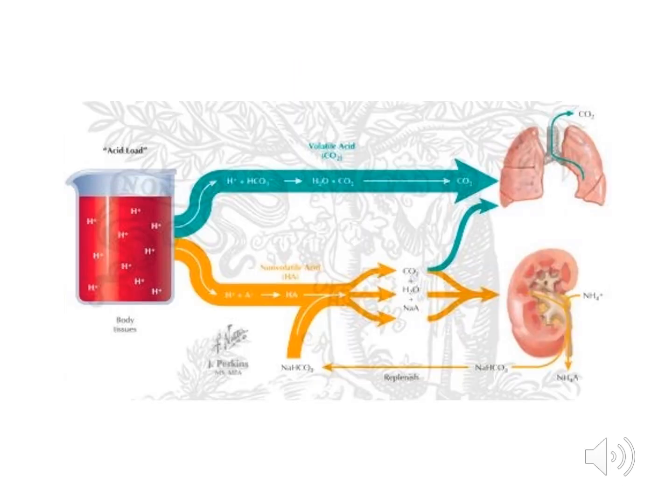Now, an important concept to remember when you're thinking about acid-base balance is that acids are continually being produced by the cells as a result of metabolism, right? When your cells burn fuel using oxygen to make ATP, one of the waste products is acid.